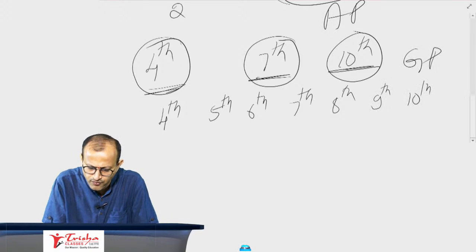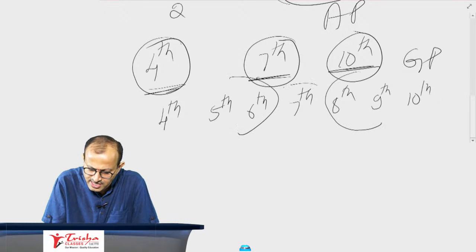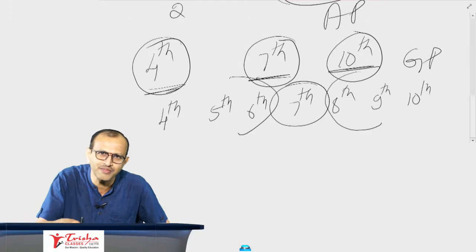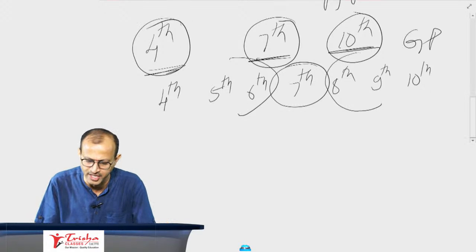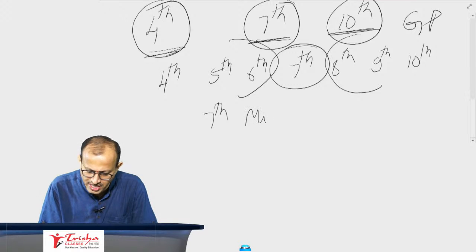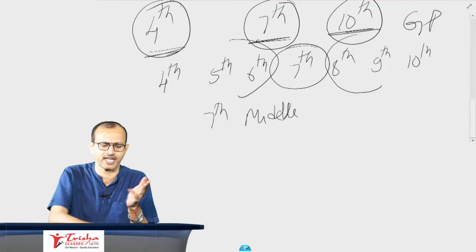From 4th to 10th, this comes exactly in the middle. Exact middle means it is the mean. Which mean? Geometric mean, since it is a geometric progression. Therefore the 7th term is the middle term. How come it is the middle, sir? 4, right, all of you right.